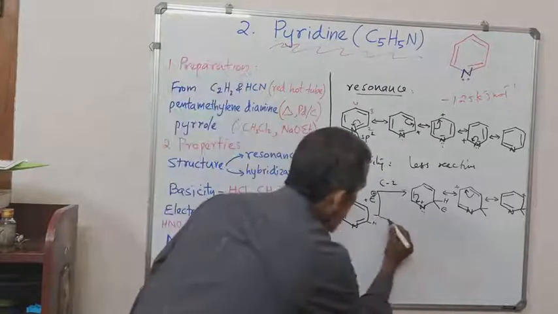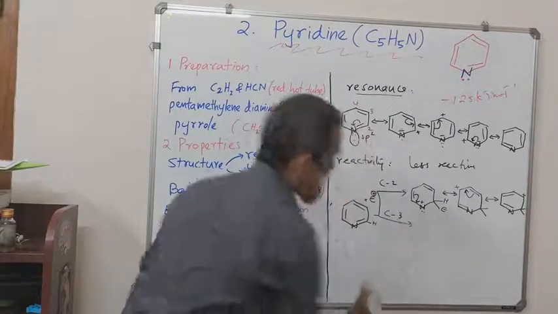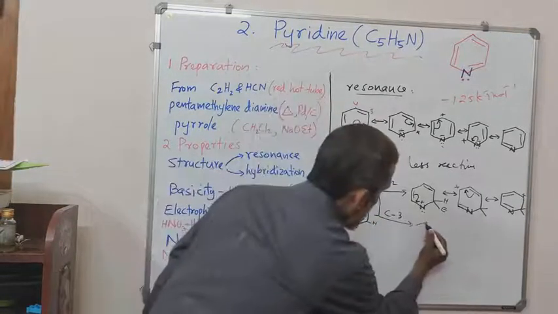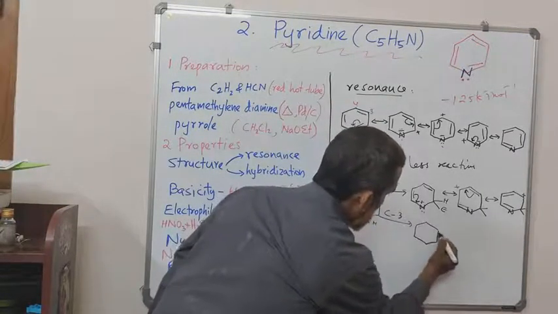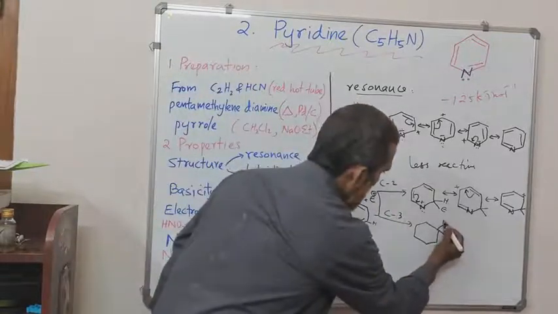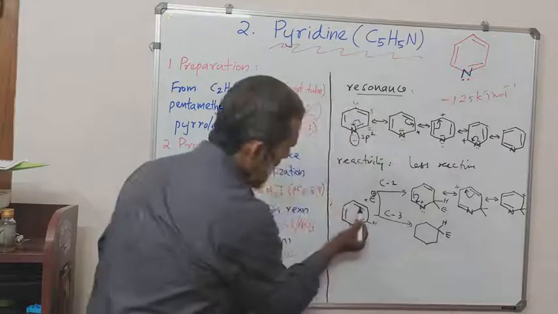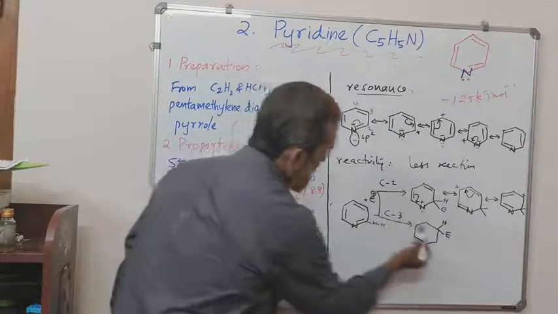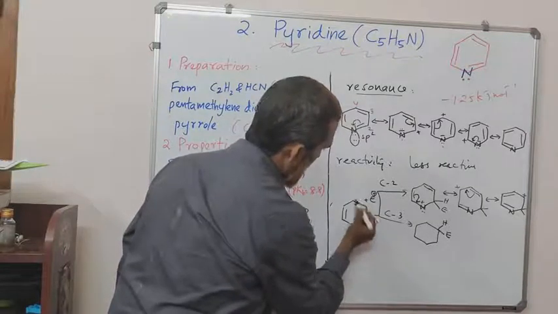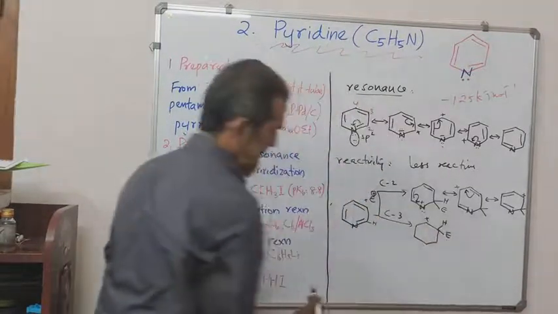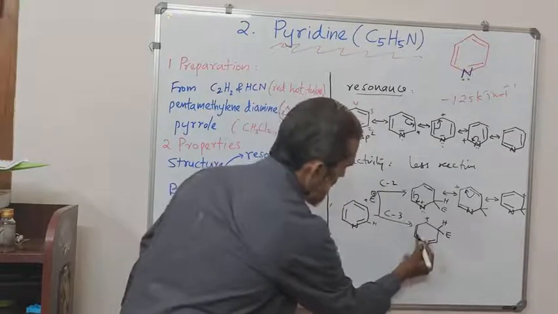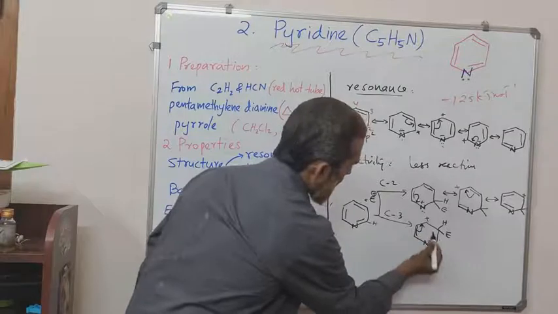Now let us consider if attack is at position 3. If attack is on this carbon, then what are the resonance structures of the intermediate? What is the intermediate form? You get now here the electrophile is attached. Actually it is using this bond, so when this bond is used up, positive charge will be appearing here, correct? This is there intact, this is also there. Now shifting, this will go.